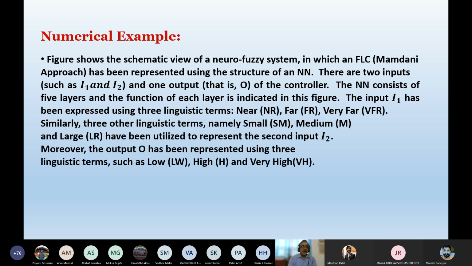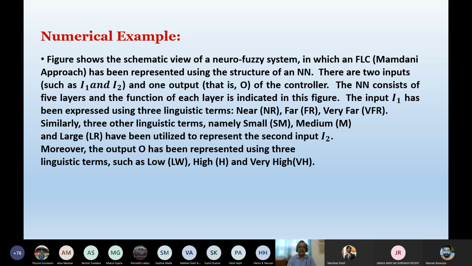This numerical example shows the schematic view of a neuro-fuzzy system, in which an FLC, that is the Mamdani approach, has been represented using the structure of a neural network. There are two inputs, I1 and I2, and one output, that is O of the controller. The NN consists of 5 layers. The function of each layer is indicated in the figure.